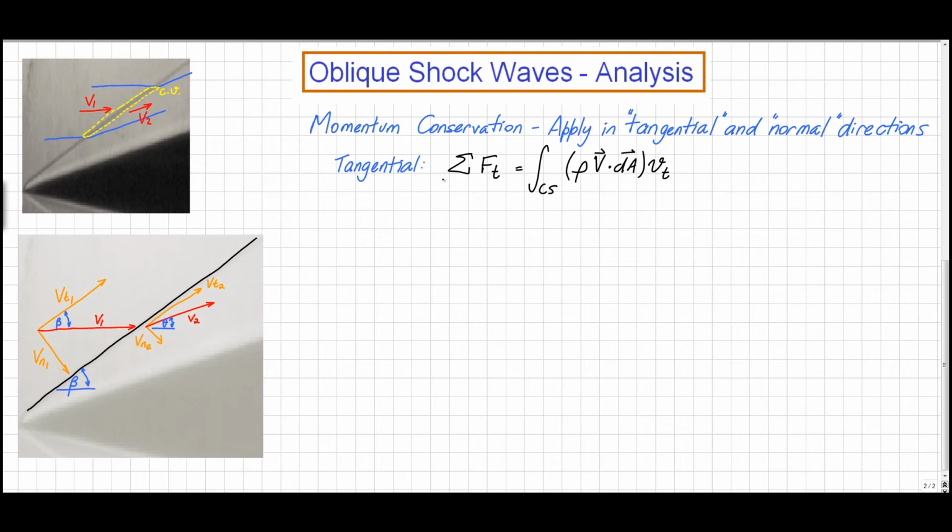So the forces on the control volume in the tangential direction, well, there's no forces that are going to apply in the tangential direction at all. So that left-hand side is going to be 0. The right-hand side, we've got basically the mass flow rate times the change in the tangential component of velocity. So the mass flow rate entering the control volume is equal to the mass flow rate leaving the control volume.